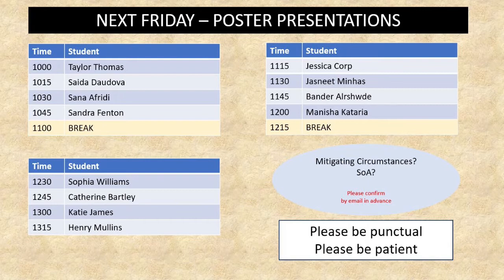So an SOA, Summary of Adjustments, is for if you have a condition that affects your performance in that respect. Again, you will know if you've got it, if it's something you've applied for. So if anybody has an SOA, please let me know, again by email. Mitigating circumstances, if you have them, let me know. SOA, if you have them, let me know.